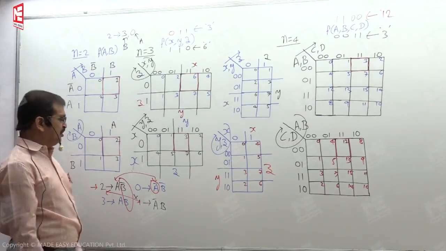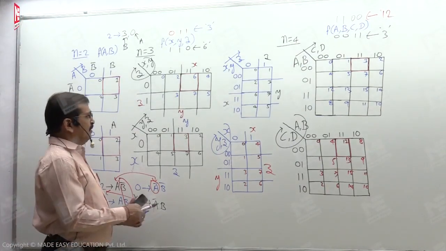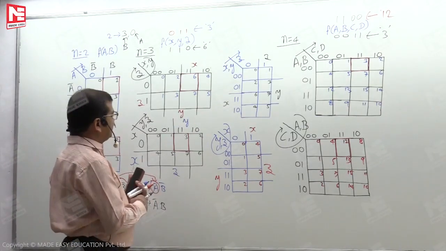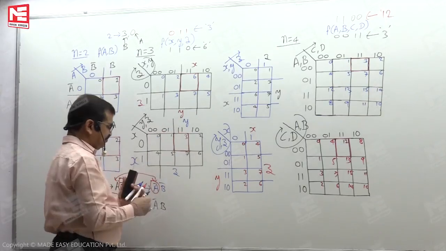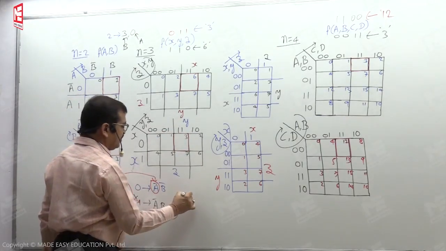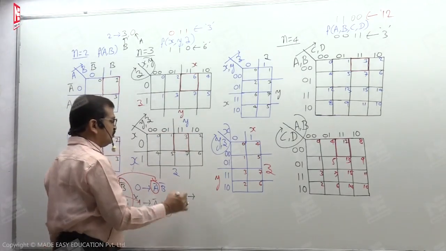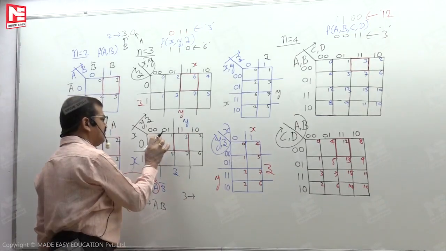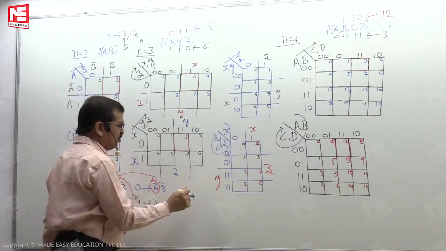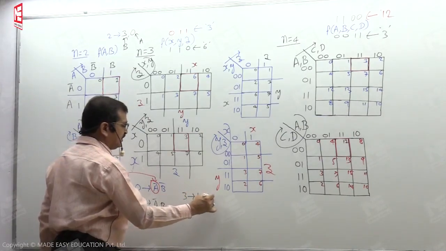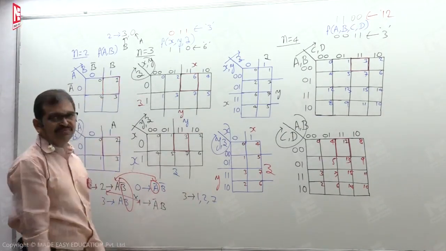Let us come to this 3 variable K-map. Let us look at what the adjacent cells are, for example for cell 3. For cell 3, the common lines are with 1, 2, and 7, so 1, 2 and 7 must be adjacent cells.